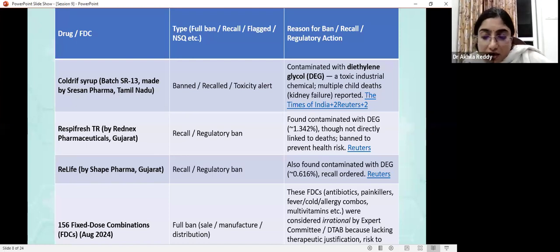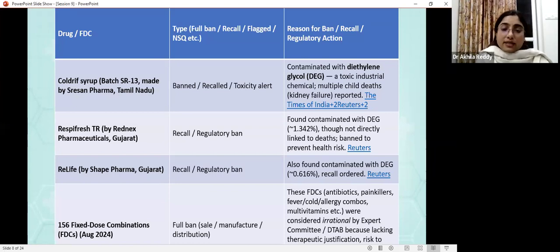See, whenever we use a combination of drugs, one drug may lose its efficacy and potency, and some may lead to allergic reactions. So whenever we are using drugs, combinations must be rarely used.